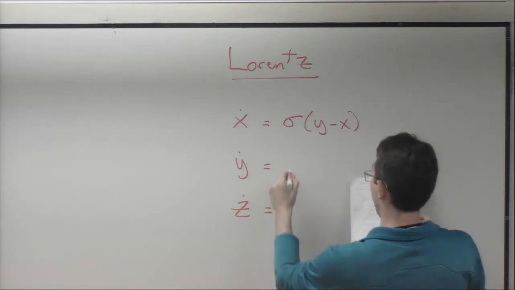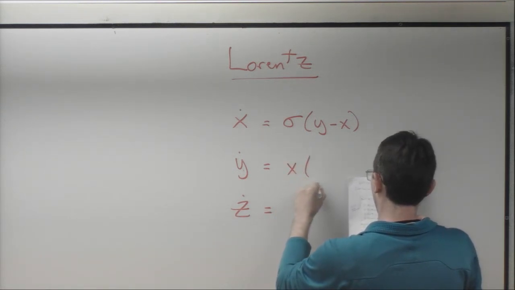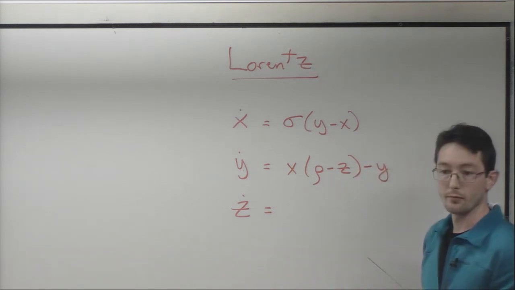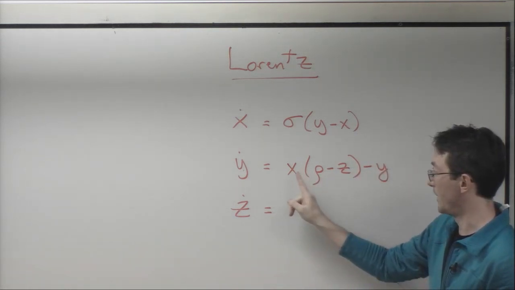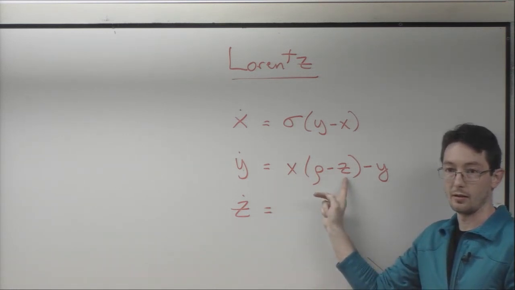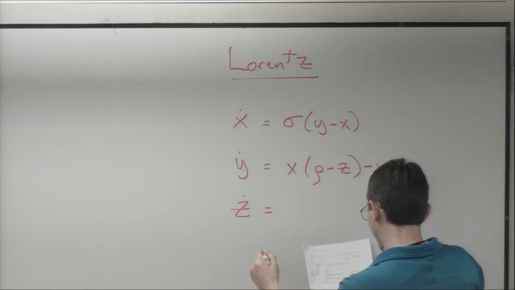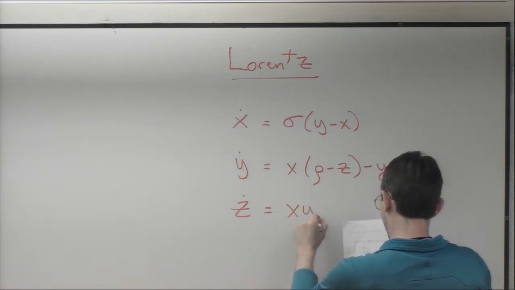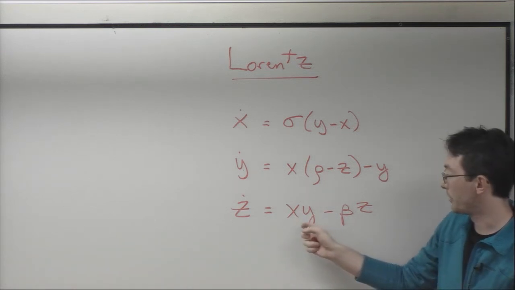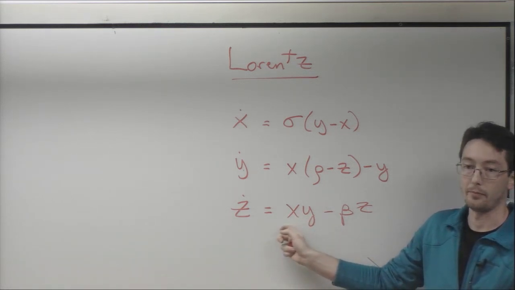The y dot equation is x times rho minus z, minus y. Rho is also a constant. So now we picked up a simple nonlinearity, minus x times z. And then the z dot equation is x times y minus beta z. So here's another nonlinearity, x times y.